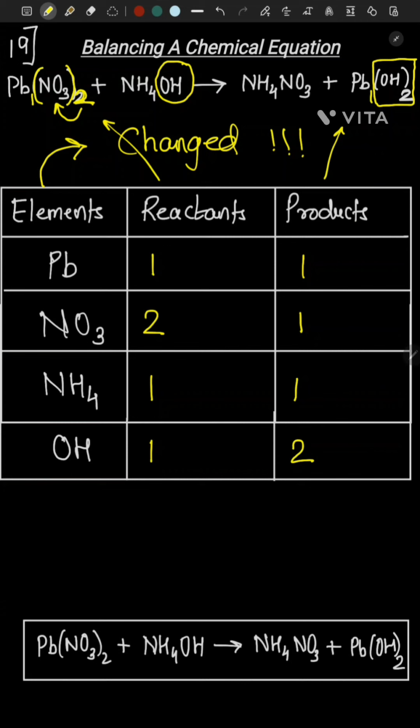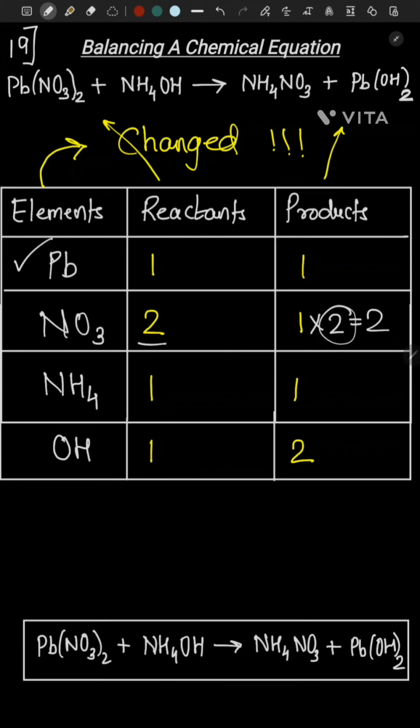And now we are going to balance them with the previous method. So lead is already balanced, no need to do anything to it. But NO3, nitrate, here we have 2 and here we have 1. So we all know how we can convert this 1 into 2? By simply multiplying it with 2. So when I am going to multiply this 2 to which radical? To nitrate this time. On which side? On the product side.